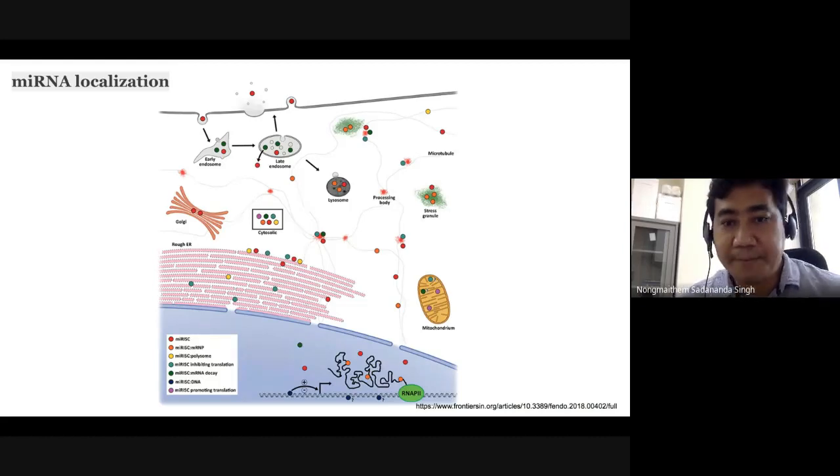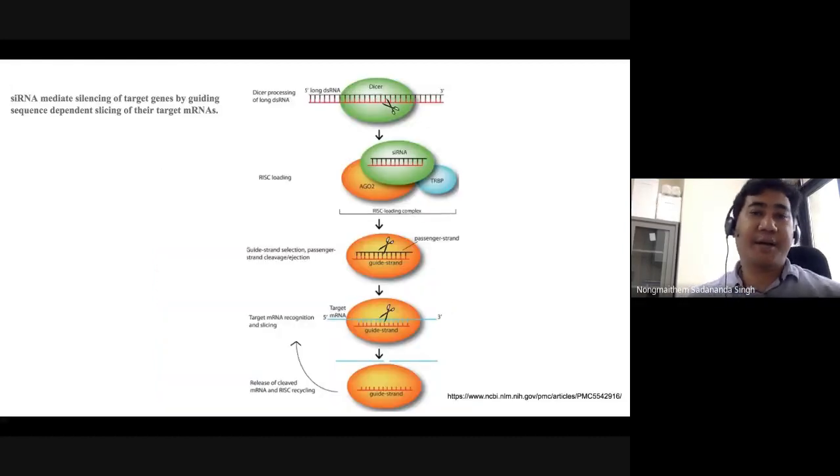Okay, so next we go ahead into its sister RNA, that is siRNA. As we talked about earlier, the siRNA comes generally from transposon encoded transcripts or from viruses, and mostly it is derived from double-stranded RNA.